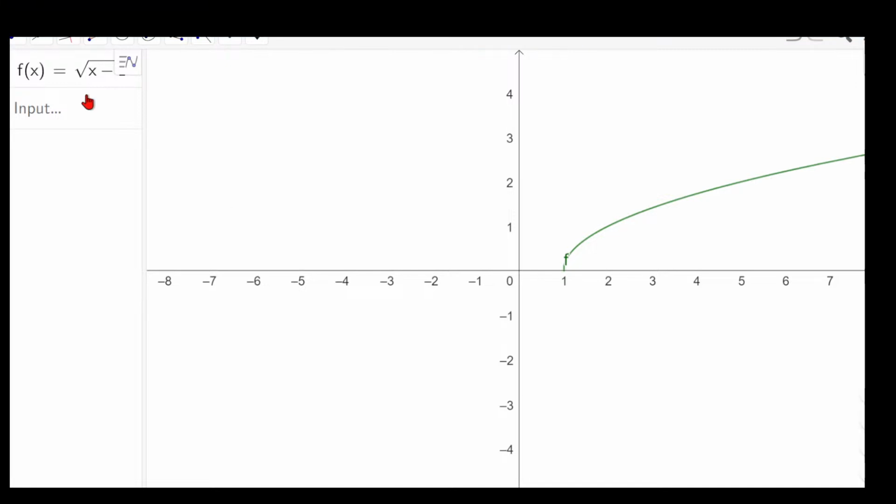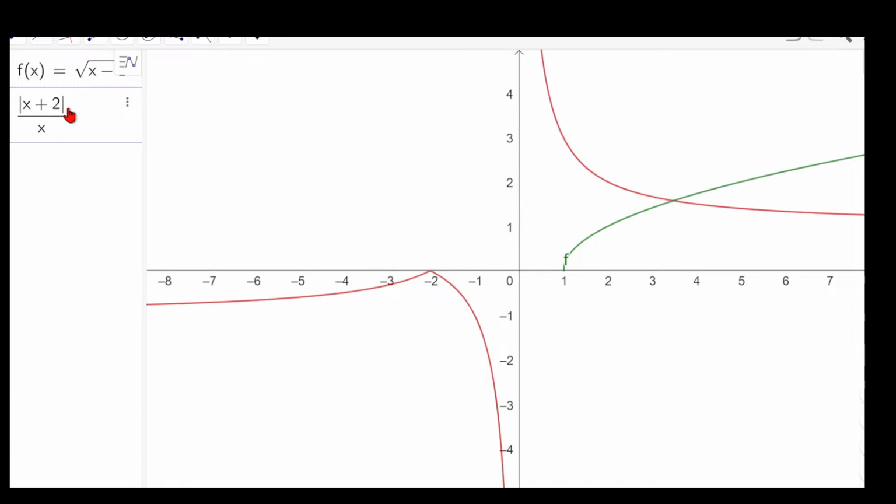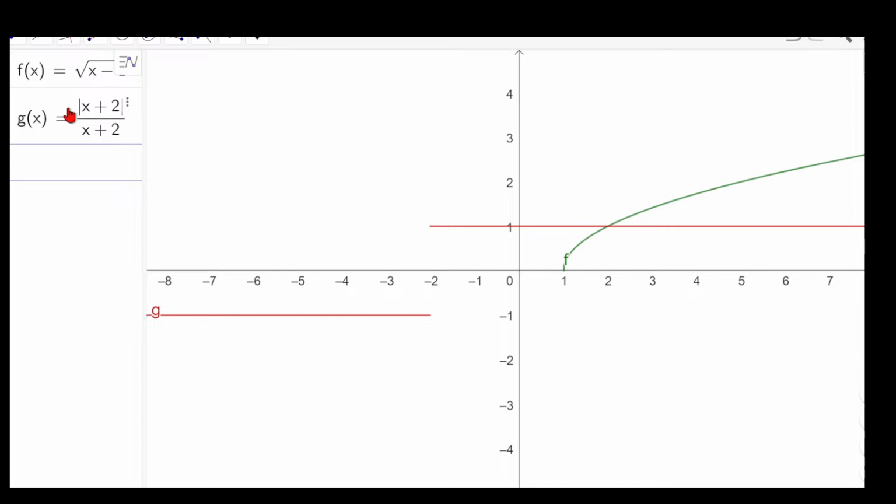X plus 3 into mod of x plus 2 by x plus 2. First we will write it as mod of x plus 2 by x plus 2. When x is greater than minus 2, one time you are getting plus 1, and when x is less than minus 2, you are getting minus 1. Agreed?